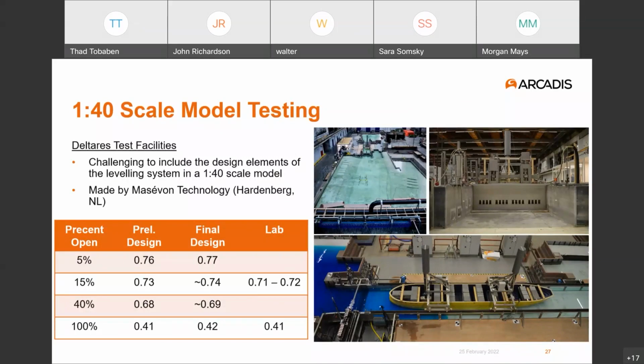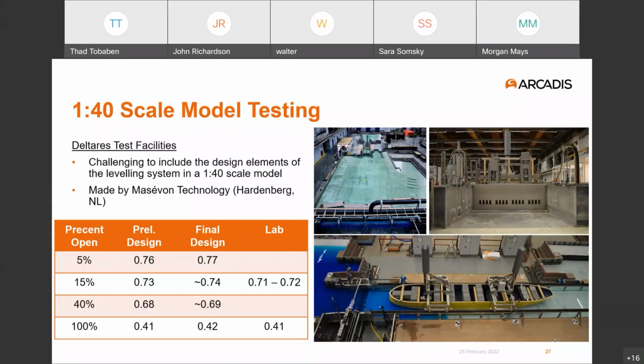One of the nice things was that as the design evolved, major performance changes for the leveling system, which would result from changes in the discharge coefficient, just didn't appear to be there. And the computed results agreed well with what was measured in the laboratory as well. So this gave a good feeling of confidence about the ultimate system that was chosen.